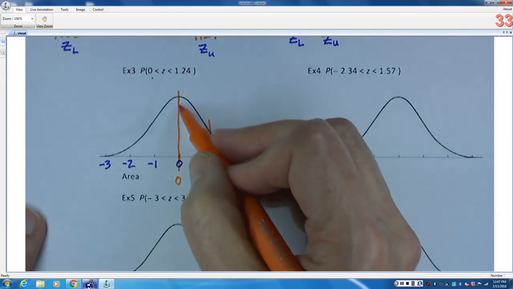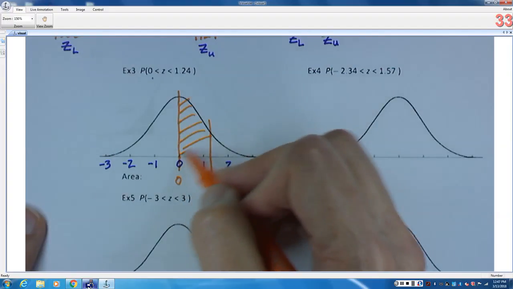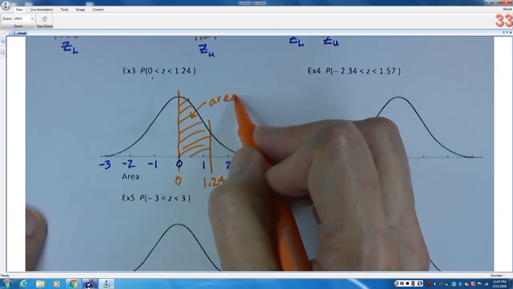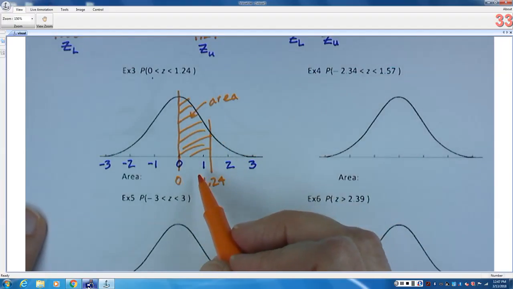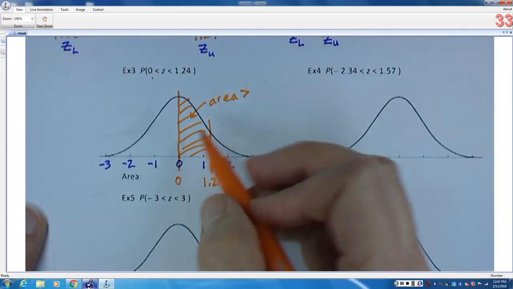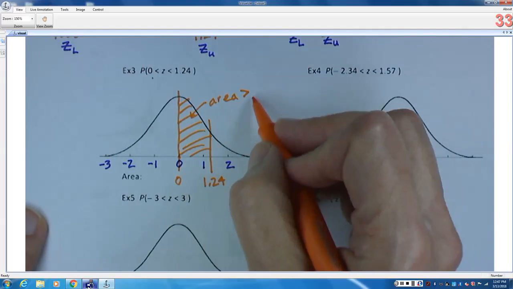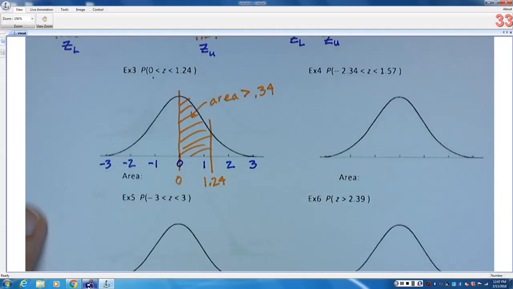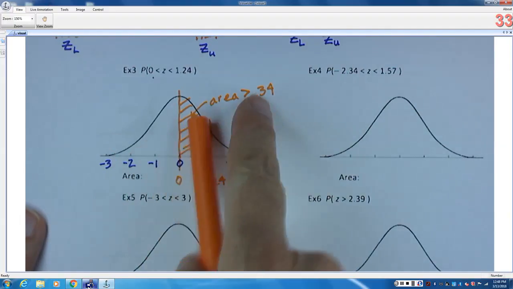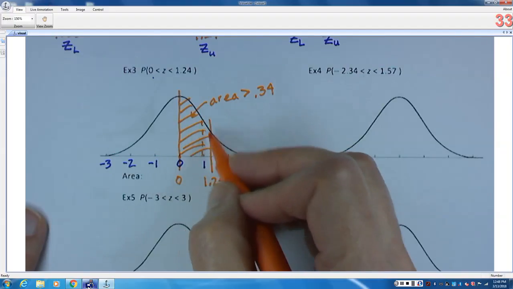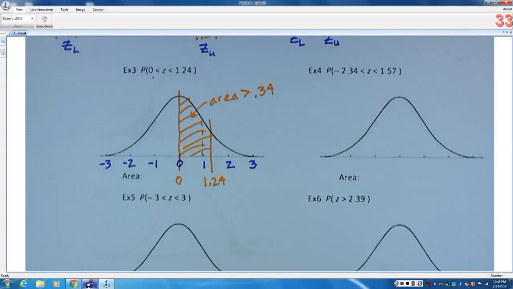And then you shade between there. This is your area that you're looking for. And what is it going to be greater than? Well, it better be greater than 0.34 by the empirical rule. Half of the 68% is 0.34, and that would be this area, and you got more because you went beyond 1.